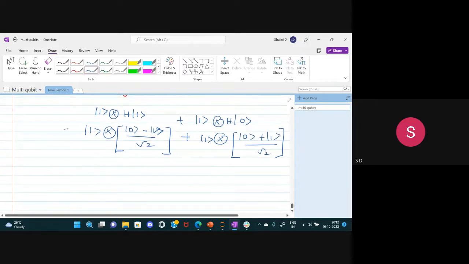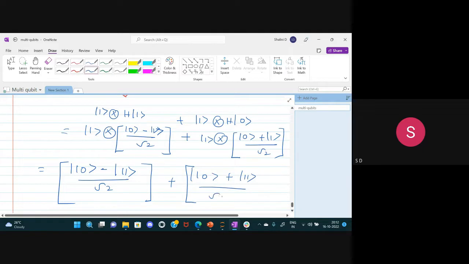So what do we get in this? We get 1 0 minus 1 1 divided by root 2 plus 1 0 plus 1 1 divided by root 2.